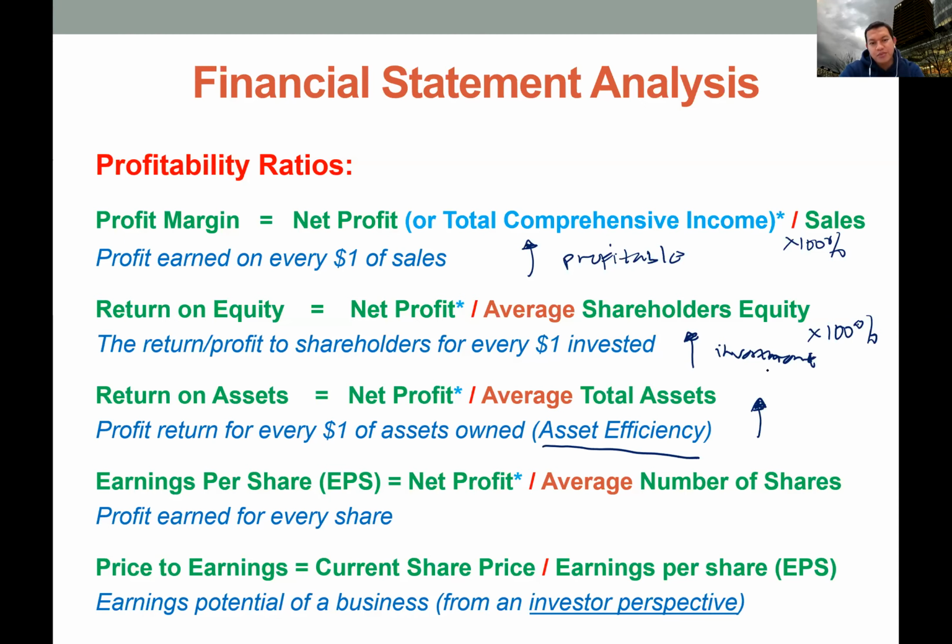But for a big company which has a substantial amount of assets, it's really difficult to get this ratio, let's say more than 10%, because with their large amount of assets, I think a ratio of 5 to 10% is good enough for a big company, like Rio Tinto or Woolworths. So we should expect that the ratio should be around 5 to 10%, which is already good enough for a big company.